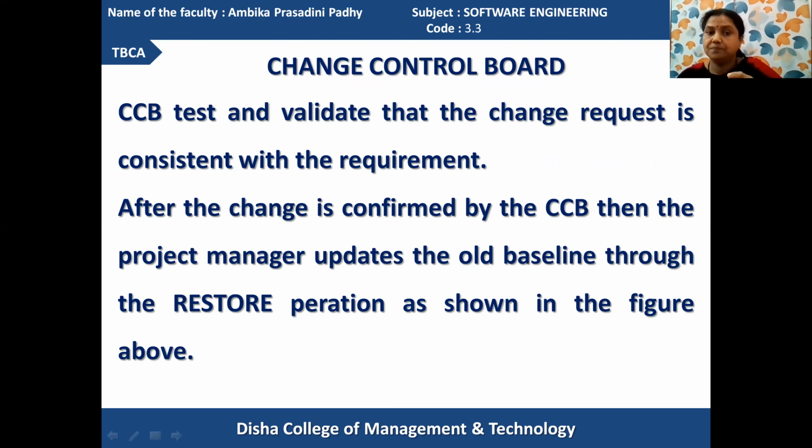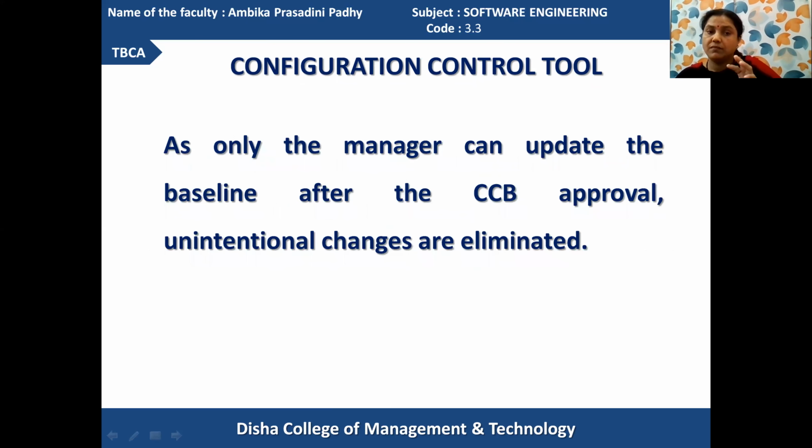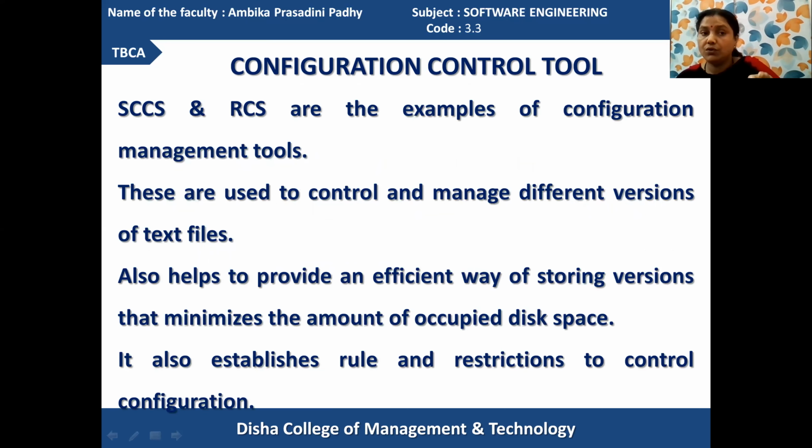Got it? Unintentional changes also can be restricted. You can go for use of certain configuration control tools like SCCS and RCS that will help to identify the configuration requirements and apply the proper configuration controls. Got it? And have the configuration control board to take necessary action. Got it?